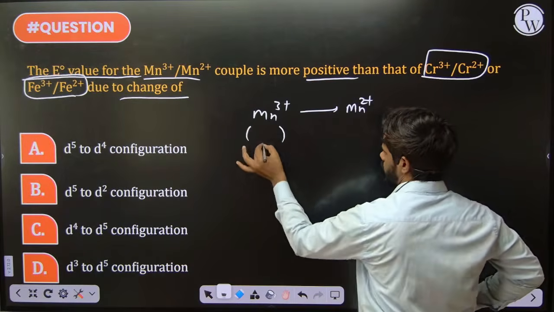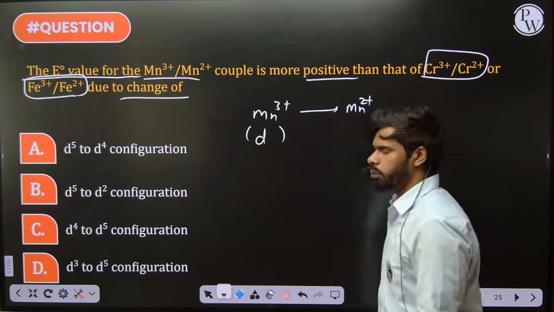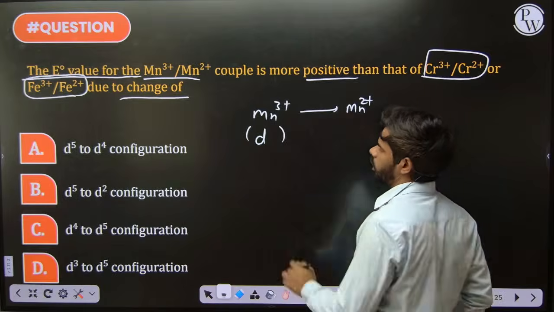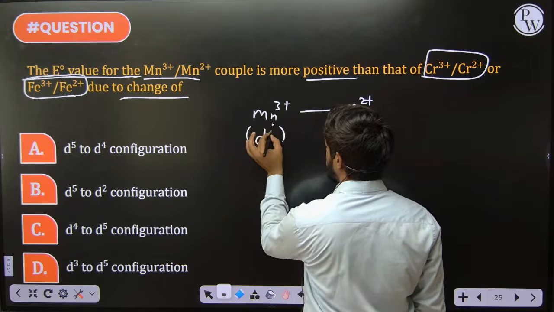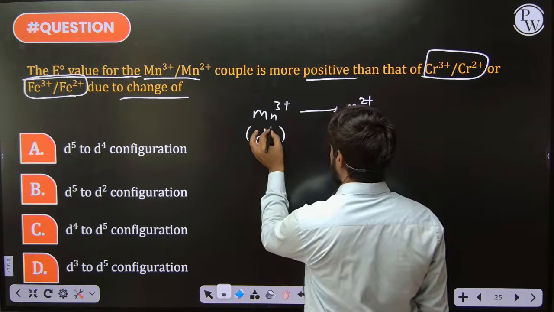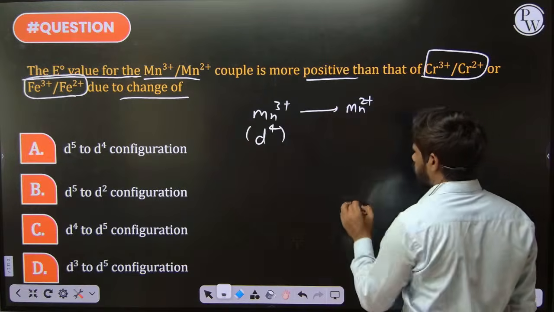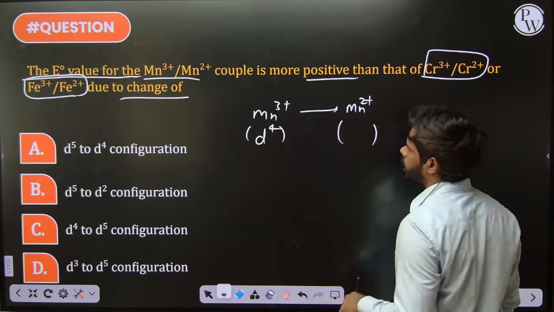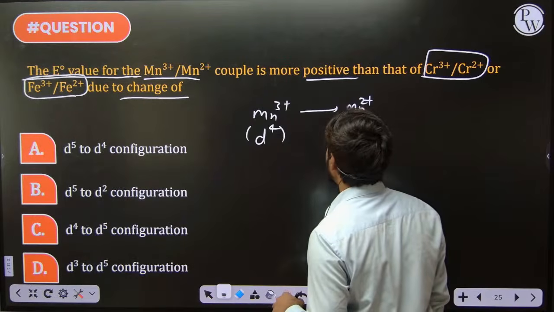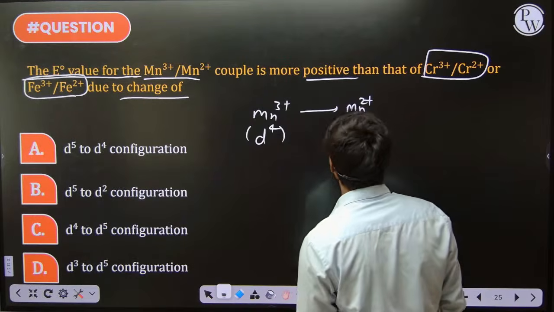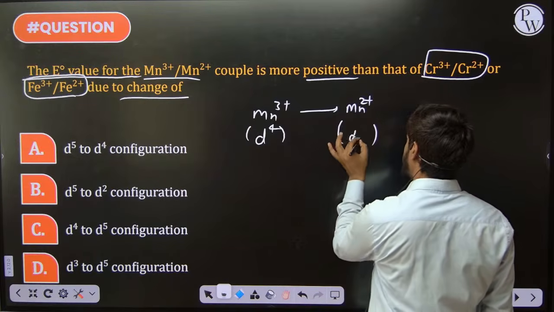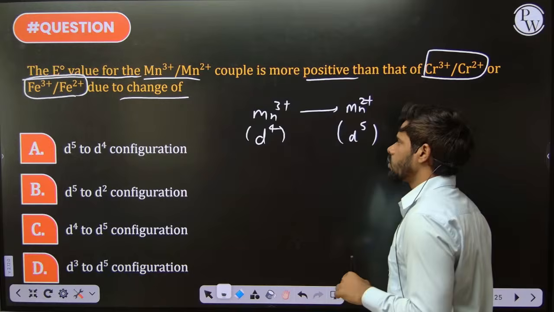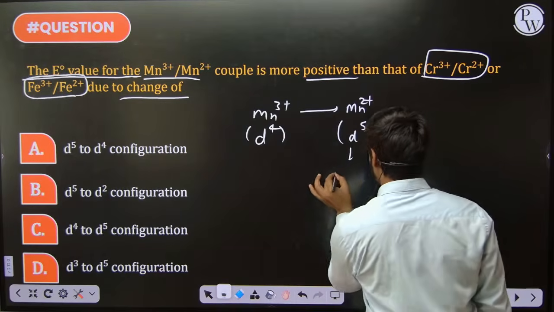We can say it is due to the configuration of Mn3+. What is the configuration of Mn3+? It is d4, and if we add one electron, what will happen? It will get a d5 configuration. So d5 configuration is more stable.